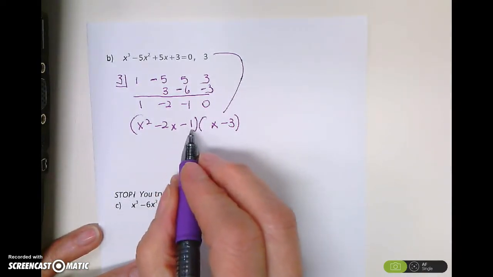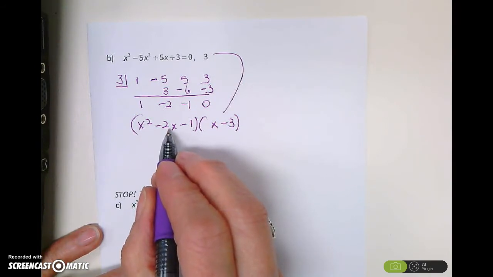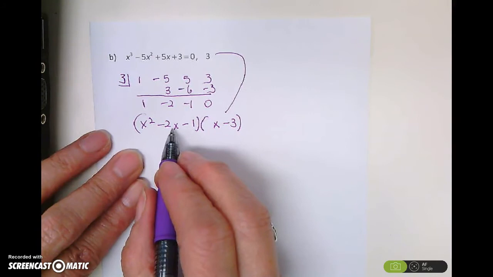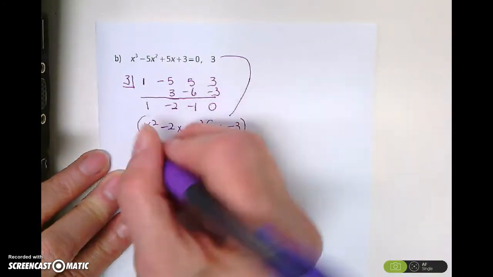Two numbers that multiply to be negative 1 and add to be negative 2, not happening. So that means that I can either complete the square, which I would prefer, or use the quadratic formula. And I know some of y'all use complete the square, but many do the quadratic formula. So let's do that.